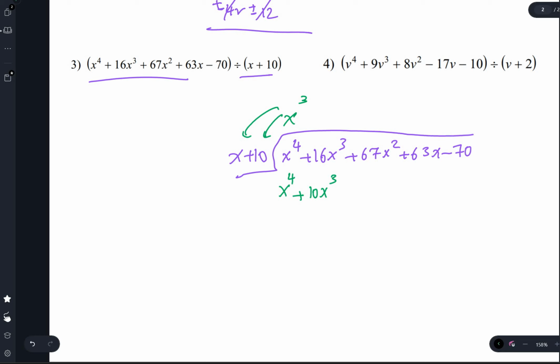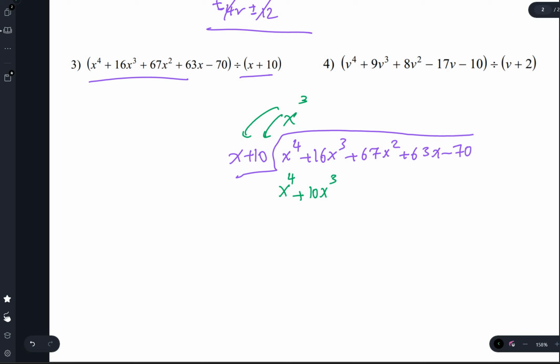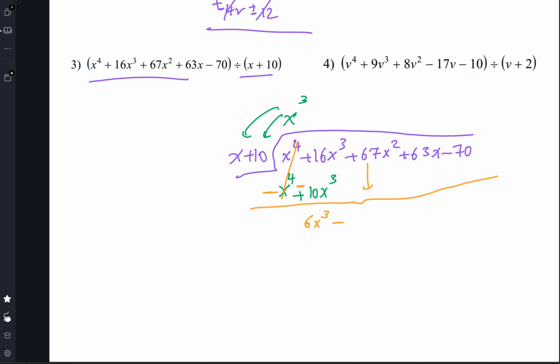Now change the signs. This one is positive, change to negative, this one also to negative. So how much do we get? These two cancel each other. 16 minus 10 equals 6x power 3. Bring these down, plus 67x power 2 plus 63x minus 70.